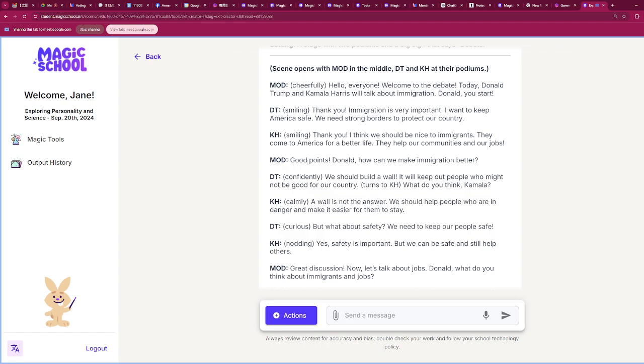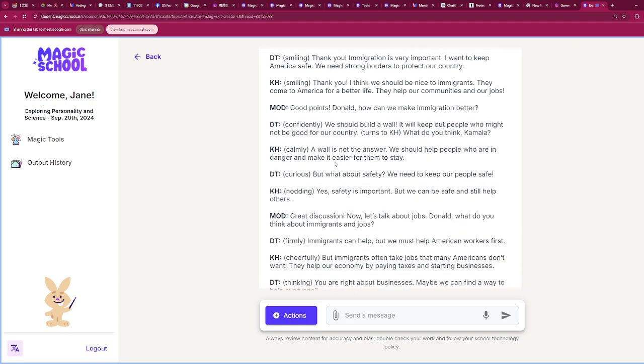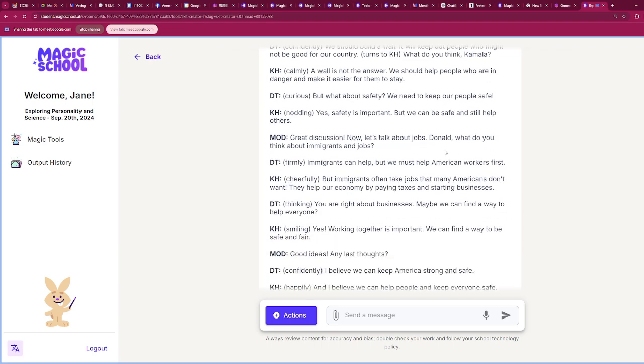So moderator says, good point. Good points. Donald, can you make immigration better? How can we make immigration better? Donald Trump says confidently, we should build a wall. It will keep out people who might not be good for our country. What do you think, Kamala? Kamala says, a wall is not the answer. We should help people who are in danger and make it easier for them to stay. But Donald Trump says, but what about safety? We need to keep our people safe.